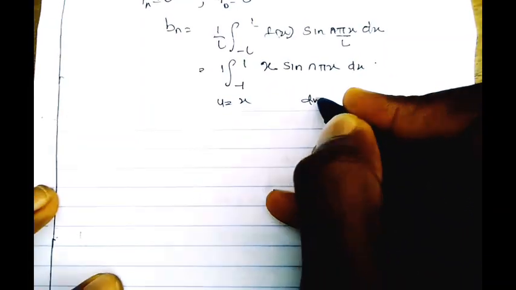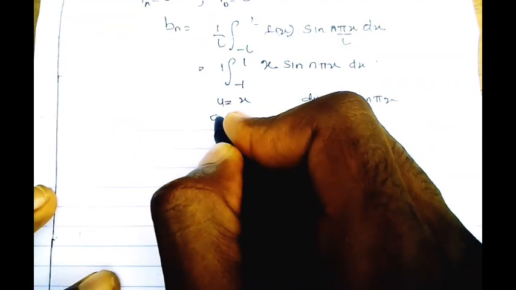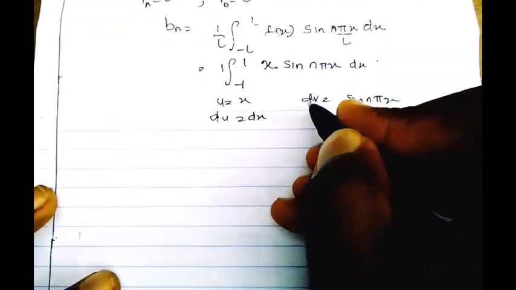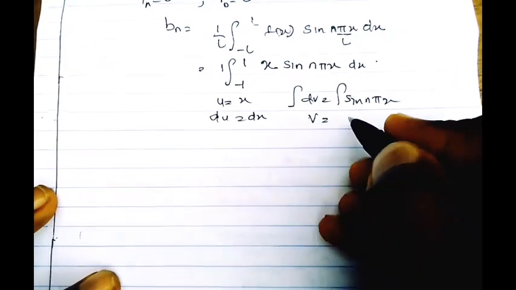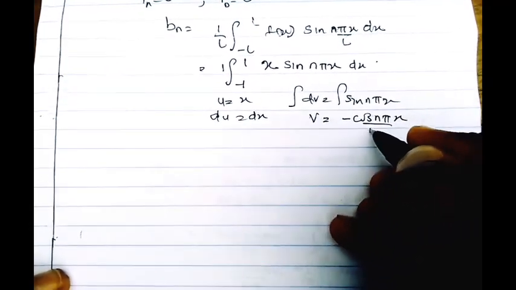So we do the normal way, integration by parts. My u is x and my dv is sine n pi x. Differentiating, du is equal to dx, and integrating, v is equal to minus cos n pi x over n pi.